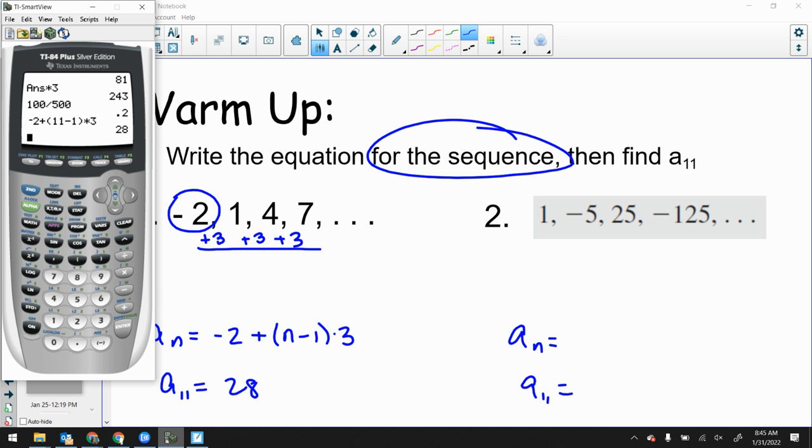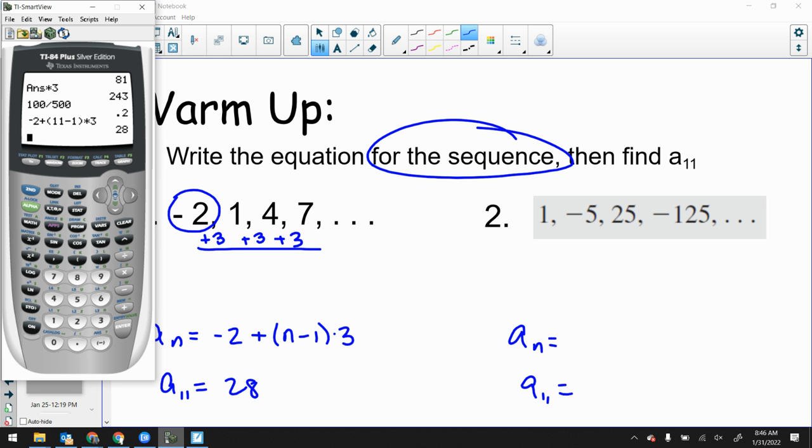Plus a -2 is 28. Well, then you did some wrong math somewhere in there. Okay, questions on that?